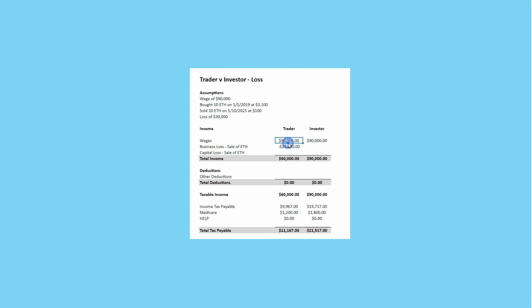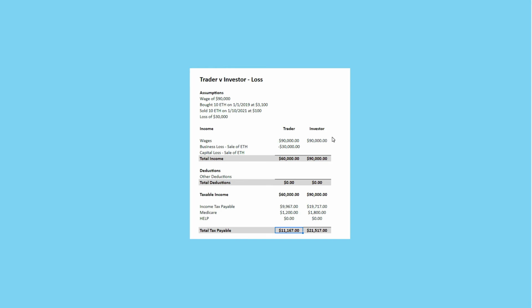That brings our $90,000 wage down to a total taxable income of 60 grand, which means we're only paying tax on 60 grand. Our total tax payable is only $11,167. So that really helps to dampen the pain of that loss by us paying less tax, right? And chances are you'll then get a tax refund for the year.